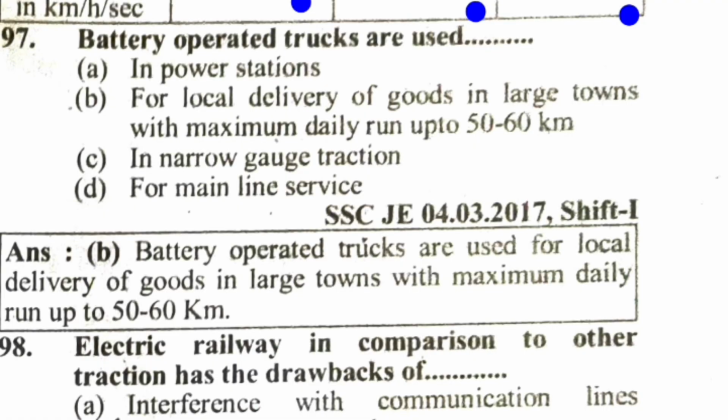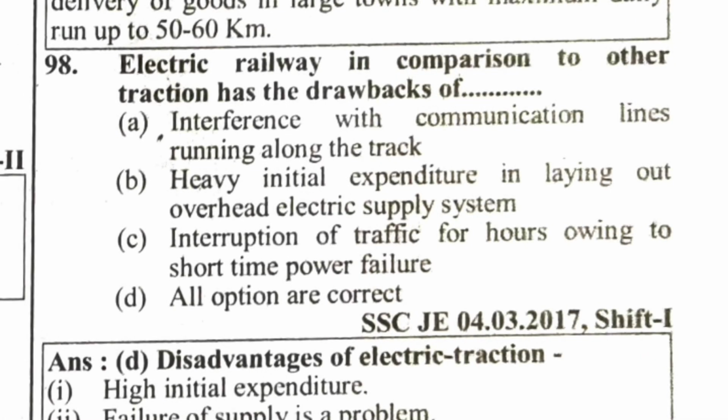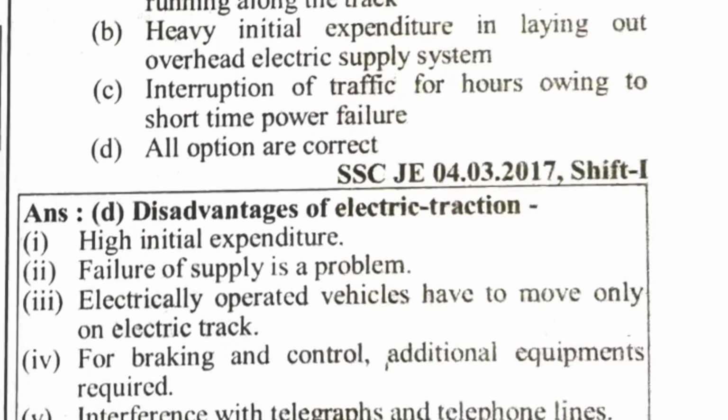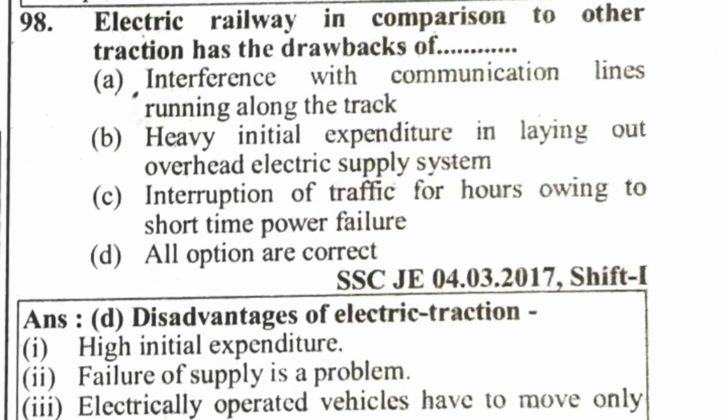Battery operated trucks are used for local delivery of goods in large towns with maximum daily run up to 50 to 60 kilometers. Electric railway in comparison to other traction has drawbacks of interference with communication lines running along the track, heavy initial expenditure in laying out overhead electric supply system, interruption of traffic for hours owing to short time power failure, all of the above.